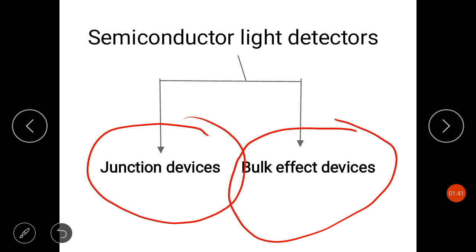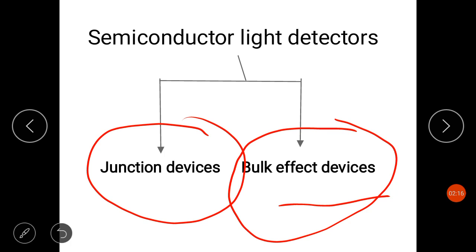Under reverse bias, this PN junction acts as a light controlled current source. Whereas bulk effect devices, or bulk effect photoconductors, have no junction; the bulk resistivity decreases with increasing illumination, allowing more photocurrent to flow.